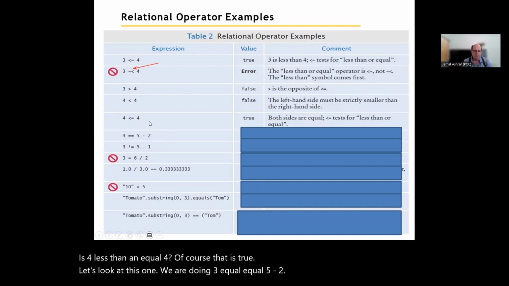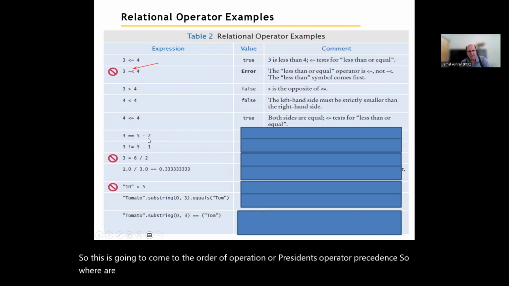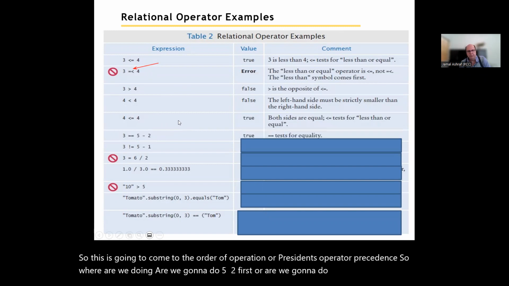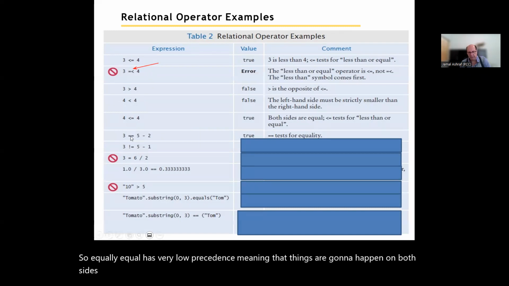So this comes to the order of operations, or operator precedence. So what are we doing? Are we going to do 5 minus 2 first, or are we going to do the equality? Equality has very low precedence, meaning that things are going to happen on both sides before we check for equality.